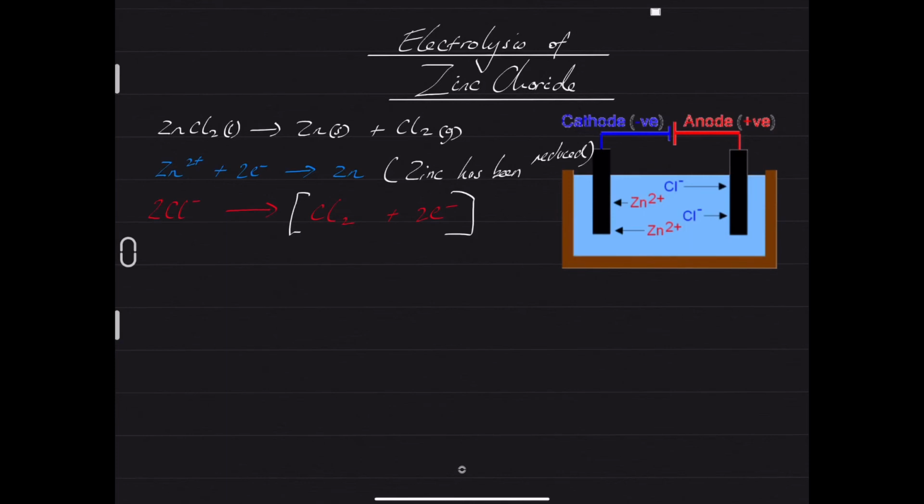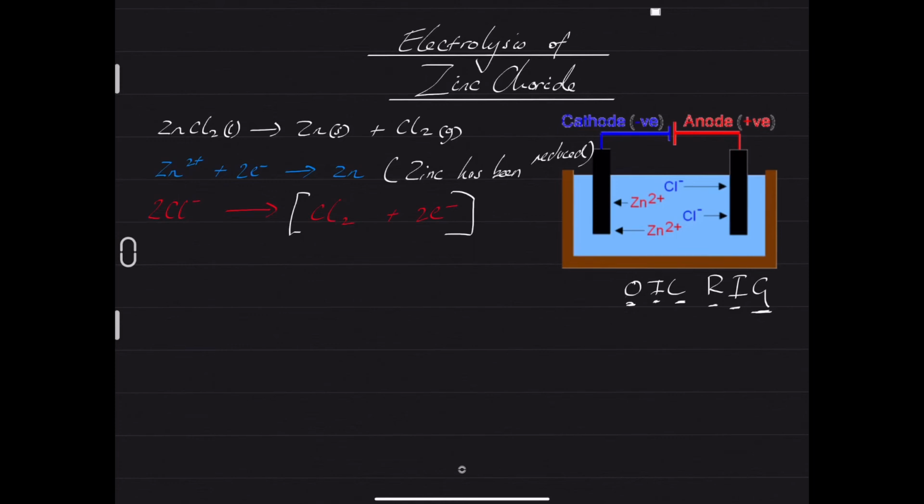Now, if you're forgetting what is reduction, what is oxidation, always remember this. We looked at this in a previous lesson, where we had this quick phrase to remind us of how to view oxidation and reduction. Oxidation is loss of electrons. Reduction is gain of electrons. So the chlorine has been oxidized.